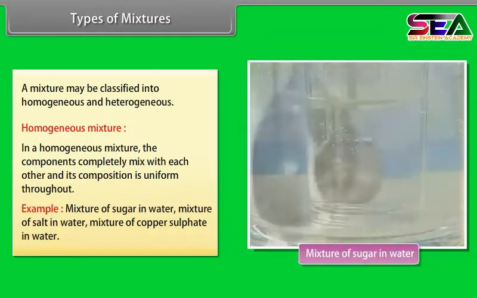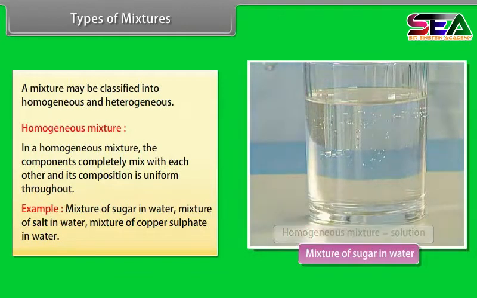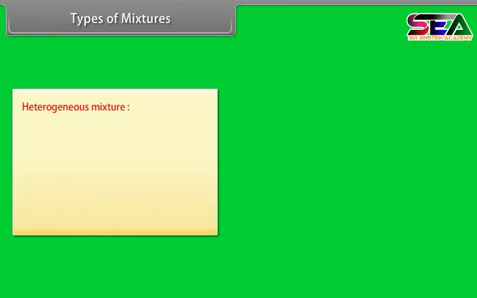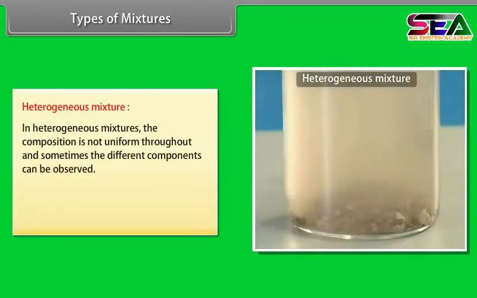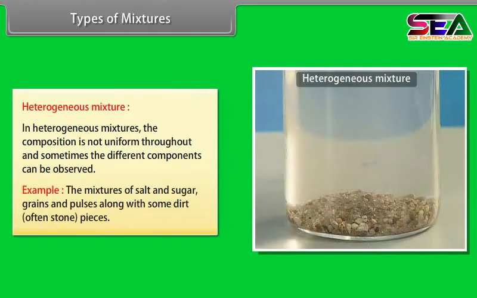Example, mixture of sugar in water, salt in water, copper sulfate in water. Heterogeneous mixture. In heterogeneous mixtures, the composition is not uniform throughout and sometimes the different components can be observed. Example, mixtures of salt and sugar, grains and pulses along with some dirt, often stone pieces.